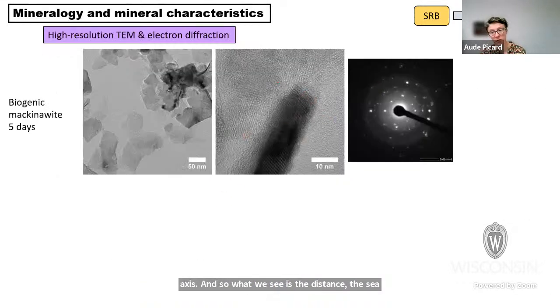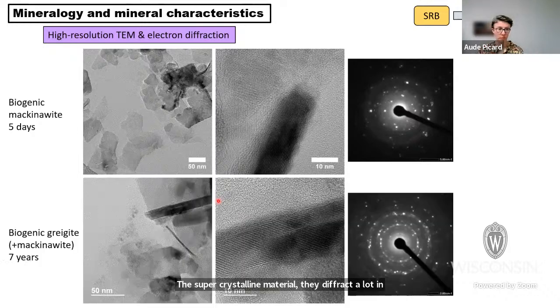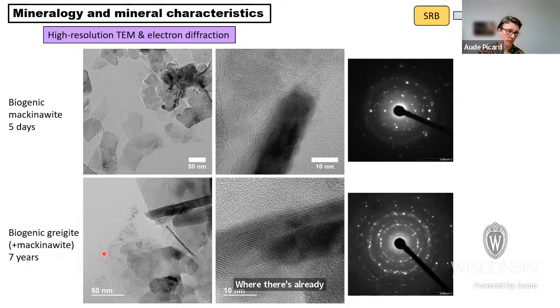So supercrystalline materials diffract a lot under the electron beam, and this is older samples where there is already a lot of greigite, some mackinawite left over, so the transformation here is pretty slow, but very crystalline. Again, we see those very nice lattice fringes.